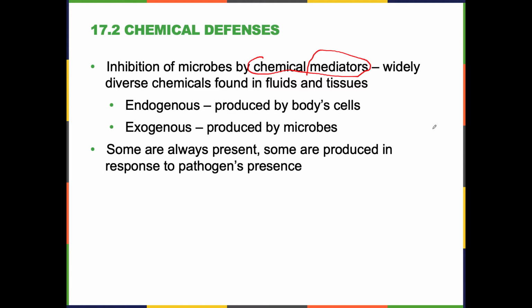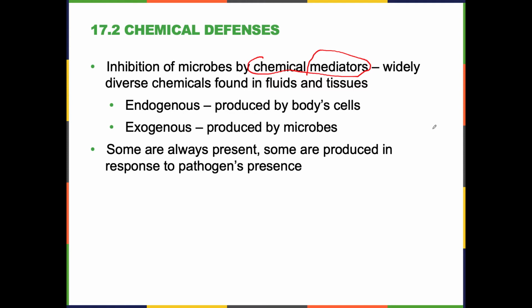that you'll probably get tired of me saying the word mediators, right? And then there are two general types of mediators based on where they come from: endogenous and exogenous. Endo referring to in, exo from out, right? So endogenous mediators are produced by us, by our body cells. Exogenous mediators are produced by microbes. I told you, you get sick of me saying the word mediators because I am already.